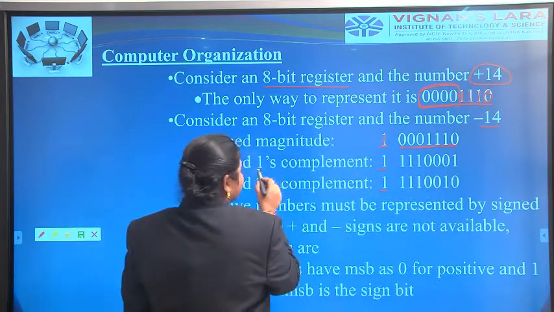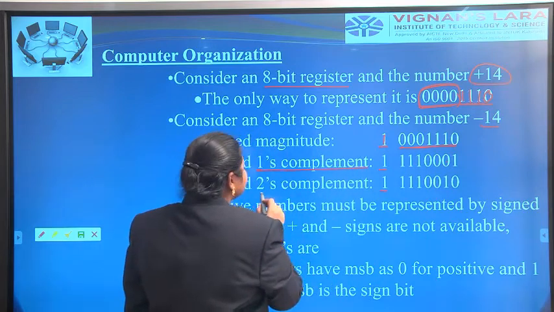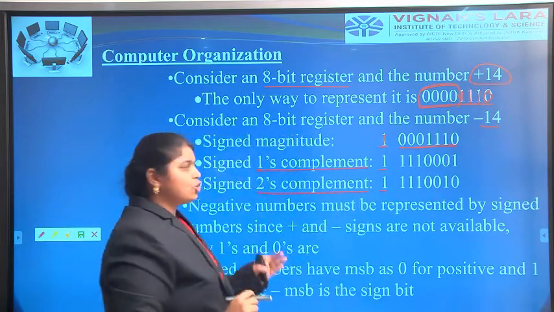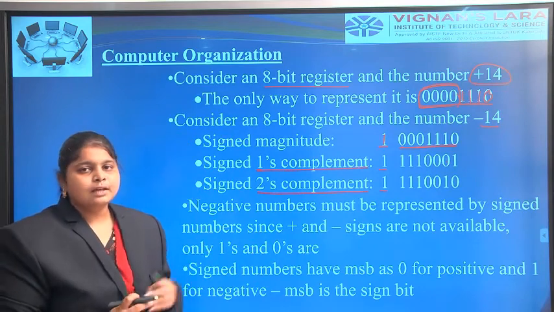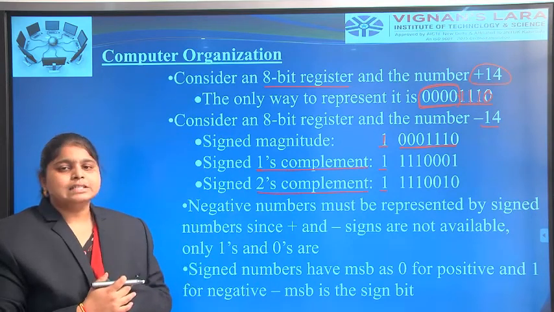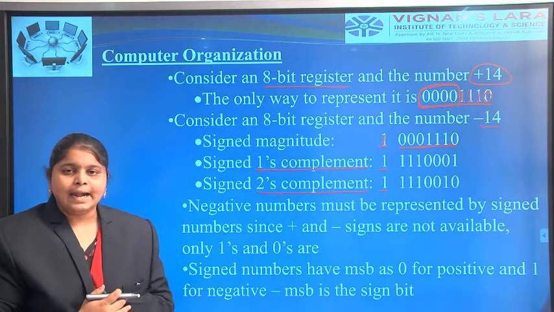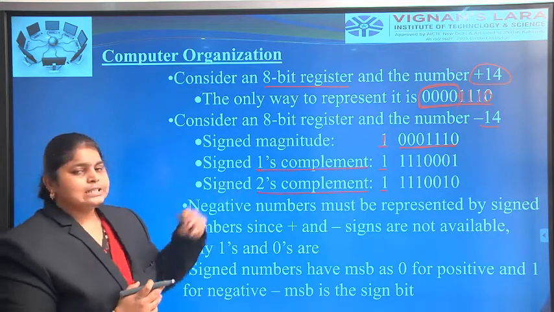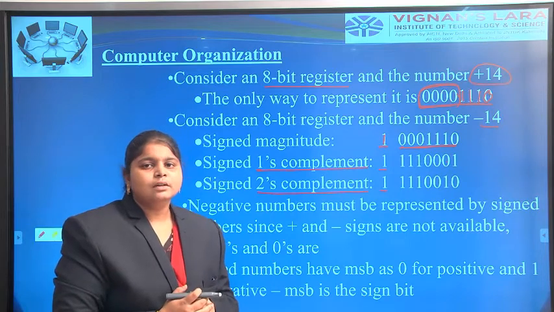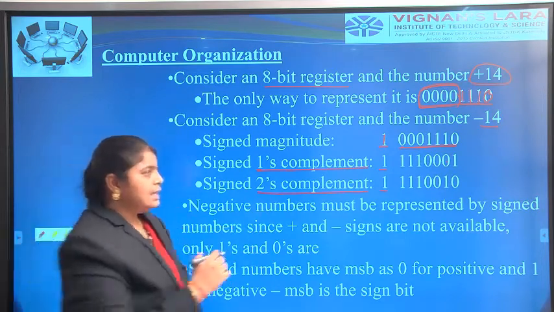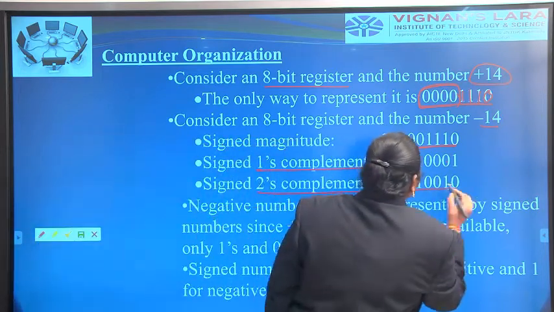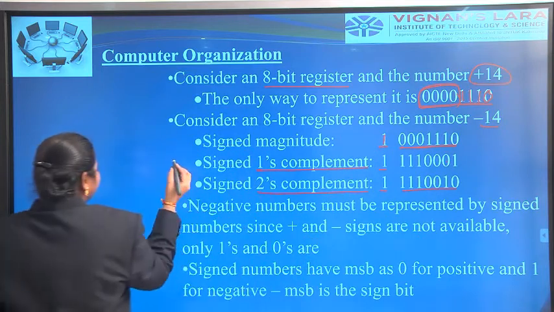This is the 1's complement. And for the 2's complement, after converting to the 1's complement, we add 1 to the 1's complement, and the resultant output is the 2's complement. For example, take one number.